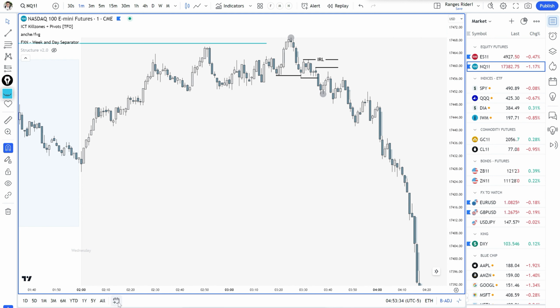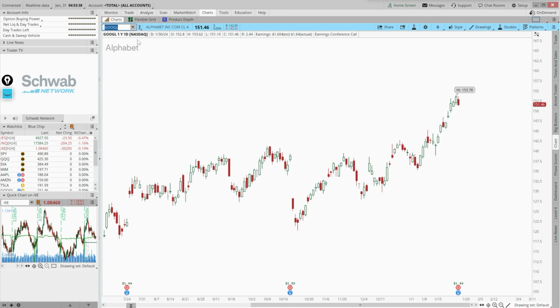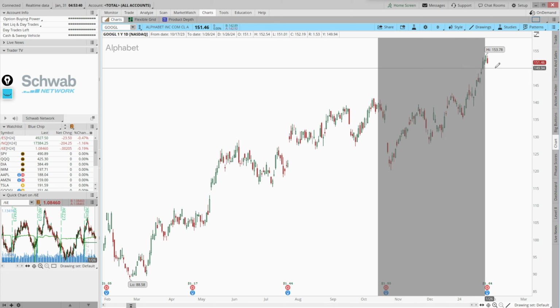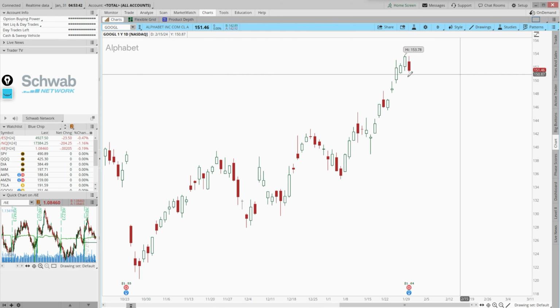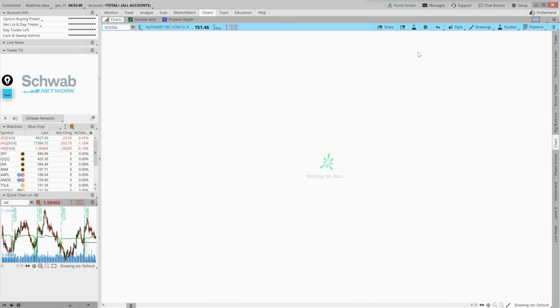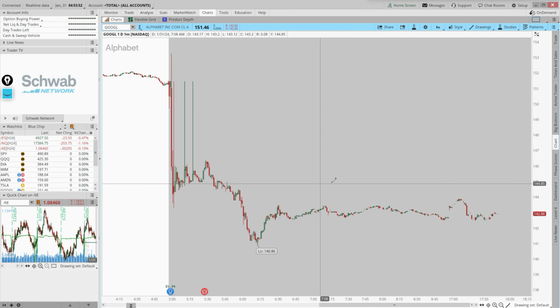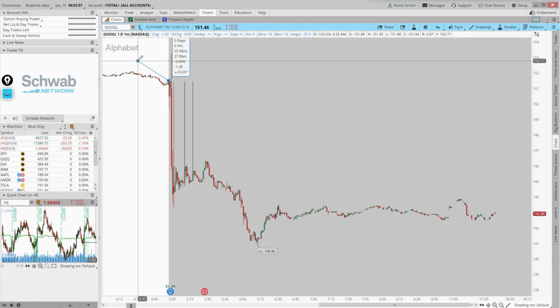if anybody is interested in what Google did, Google closed yesterday at this price 151.46, and then after market close we had the earnings. Google just flushed like 7%.